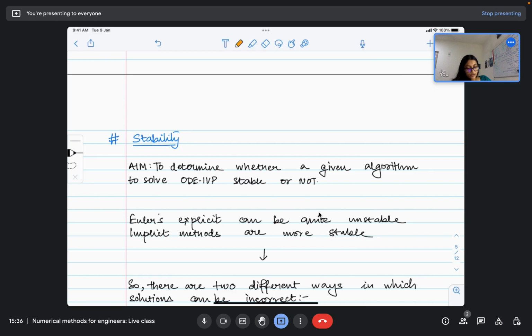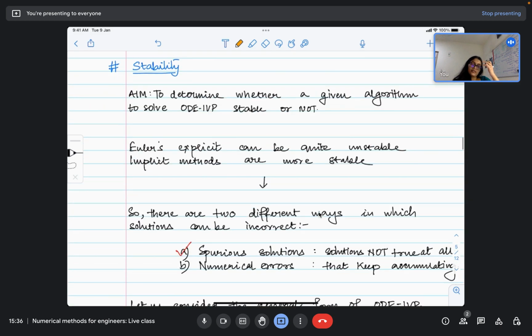Now we will move on to the second important topic for today, that is stability. This particular topic, stability, we had come across in our previous classes when we were discussing whether a particular method is stable or not.